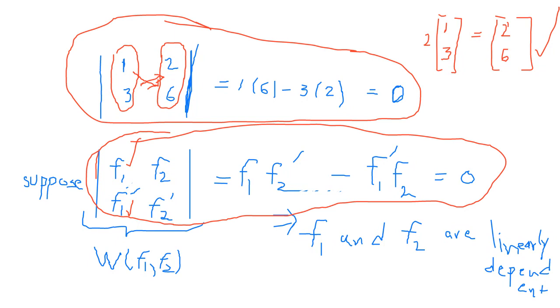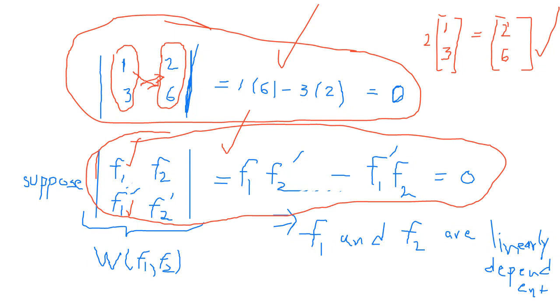I guess what I'm trying to give you is an intuitive feel for this. So I'm going from something that is very intuitive to something where I can make the jump that if the Wronskian is equal to 0, then the functions are linearly dependent.